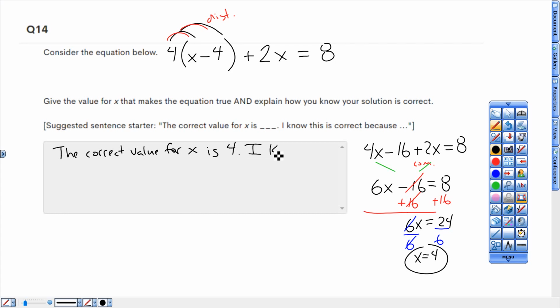I know this is correct because if I plug in 4 for x, I will get a true statement.